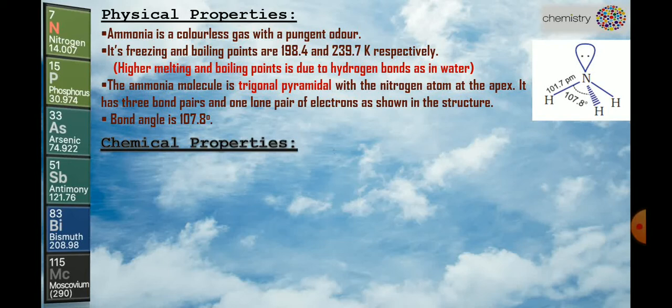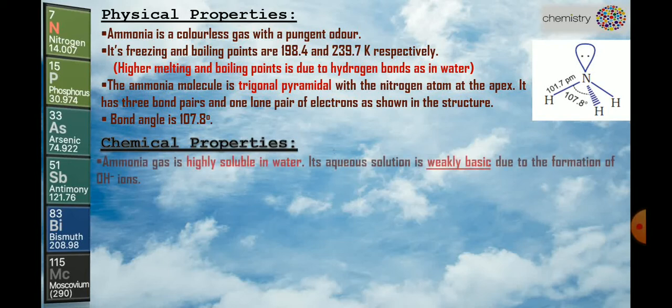Well, we'll see some chemical properties. This ammonia gas, which is colorless with a pungent odor, is highly soluble in water, to a very large extent. When ammonia is dissolved in water, what does it form?